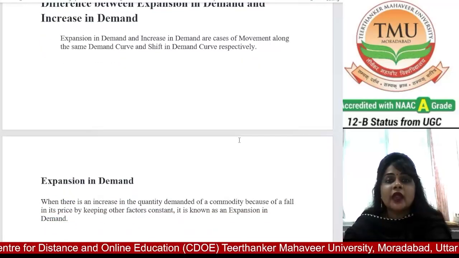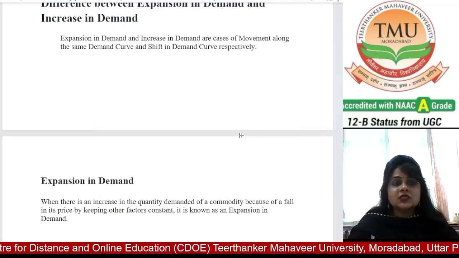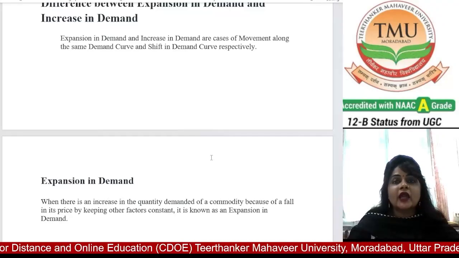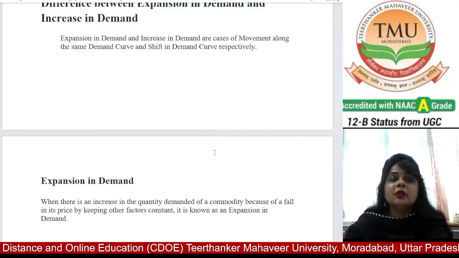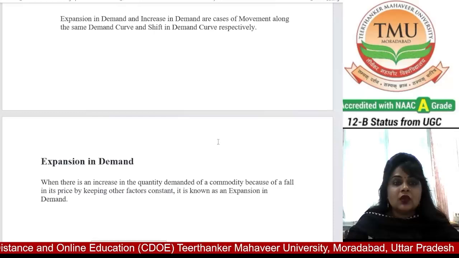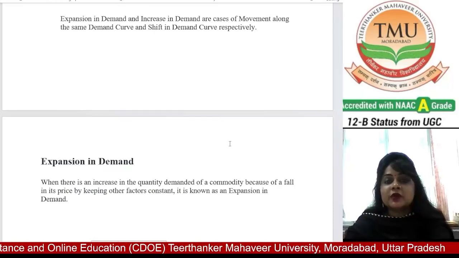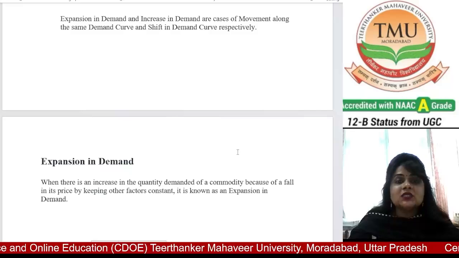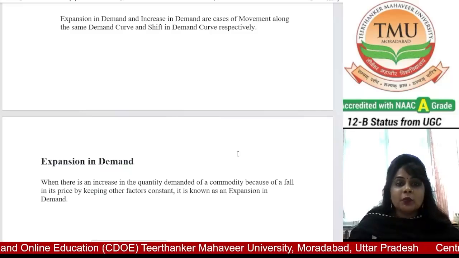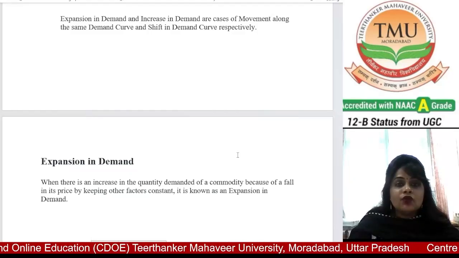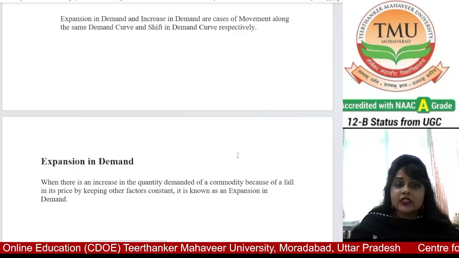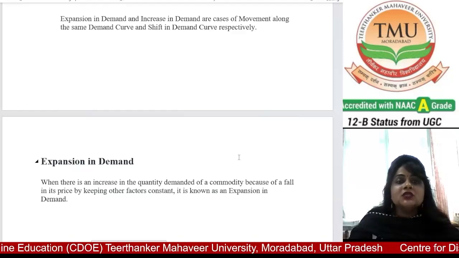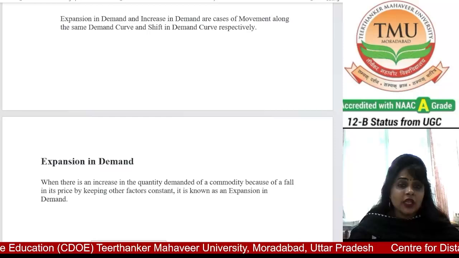Expansion in demand and increase in demand are cases of movement along the same demand curve and shift in demand curve perspective. Now, what is expansion of demand? Where there is an increase in the quantity demanded of a commodity because of a fall in its price, keeping other factors constant, it is known as an expansion in demand.